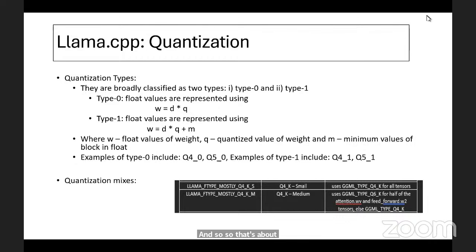And when it comes to quantization mixes, this is about how the whole transformer model is quantized. Like we have seen in the past, the softmax or the matmul or fully connected layers were quantized for integer precision, whereas the other memory bound operations were running in float precision. In this case, they have multiple integer precision.